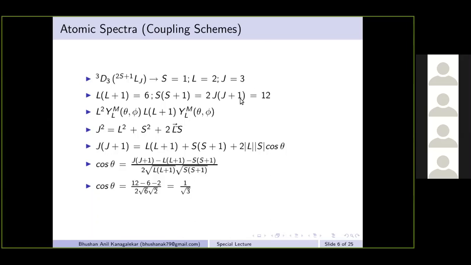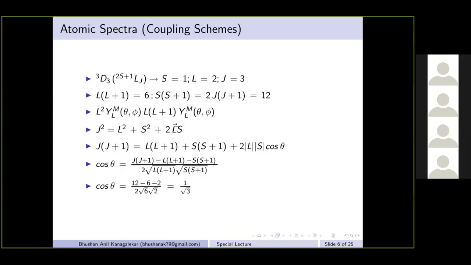According to quantum mechanics, L square eigenvalues are L(L+1) times h-cross square. When L square acts on the angular part of the wave function, it will give L(L+1) h-cross square Y_lm of theta phi.